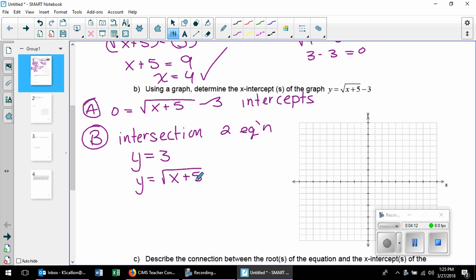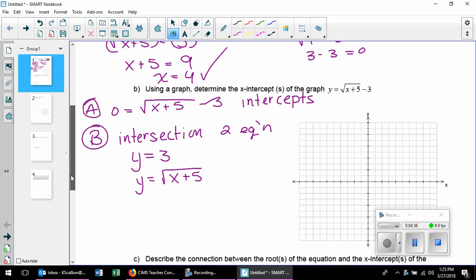If you set it equal to 0, the solution to this will be your x-intercept. If you do it as 2 equations, your solution will be where these 2 lines cross. Intercept. That's what I would do, but that's just me.